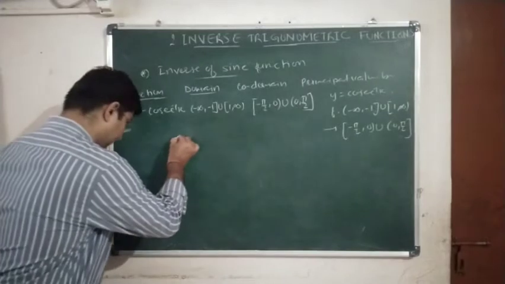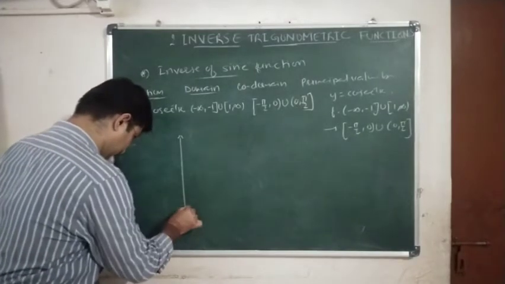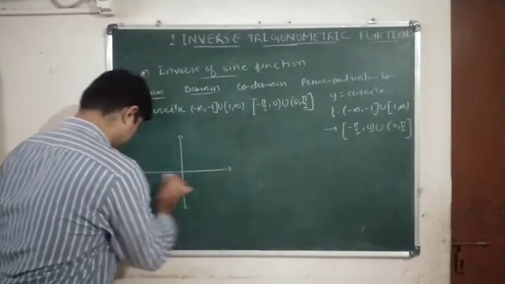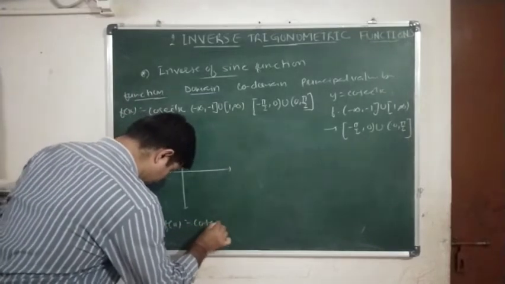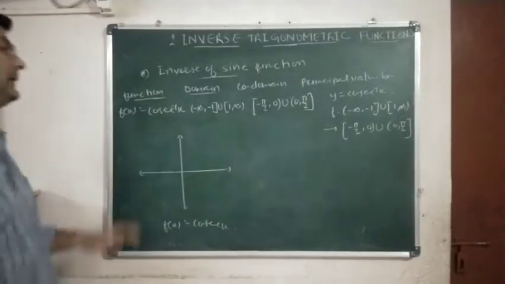Okay, let us look at the graph for cosec x and cosec inverse x. f of x is equal to cosec x.